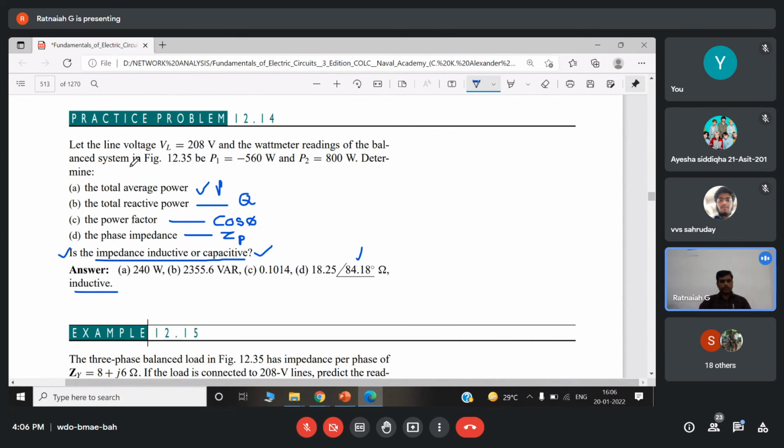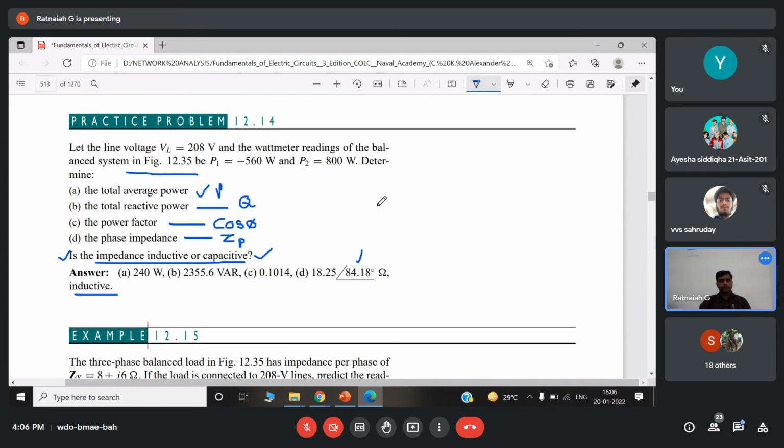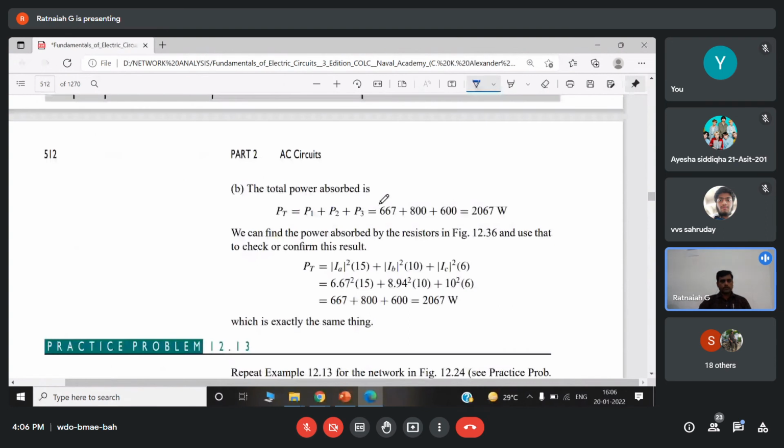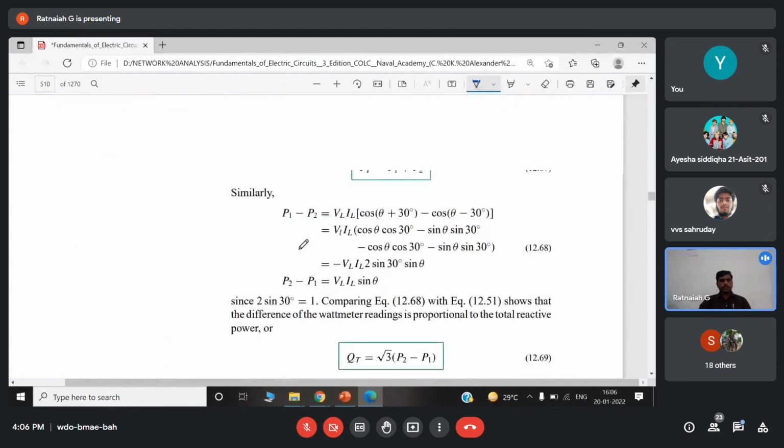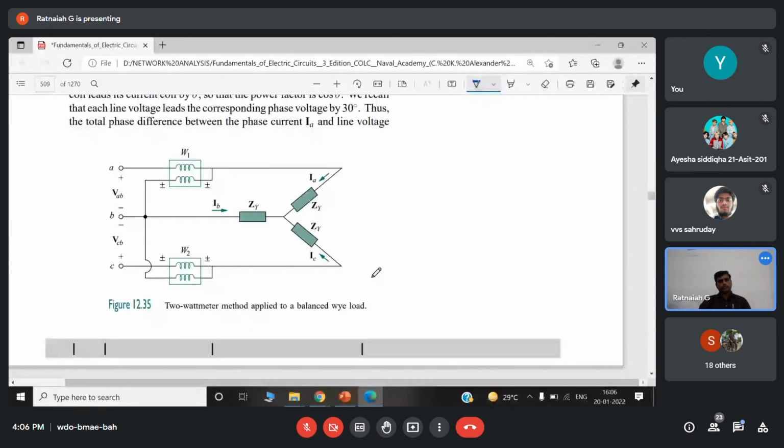It is a balanced system shown in figure 12.35. Where is the 12.35 diagram? I think this is 12.36. 12.35, right. Note down this diagram. It is a star connected balanced system.